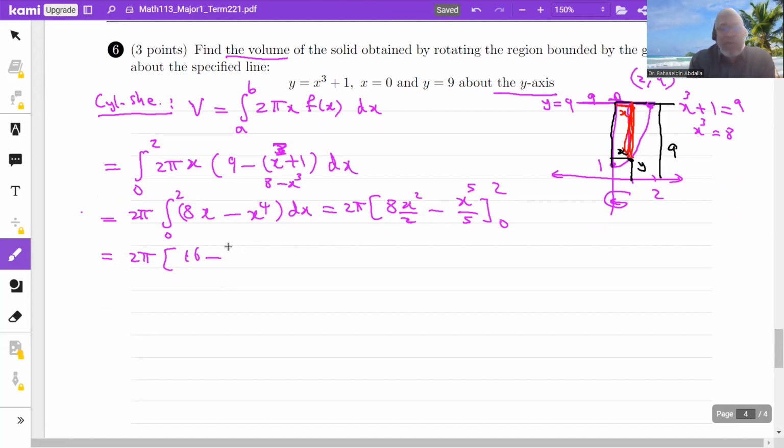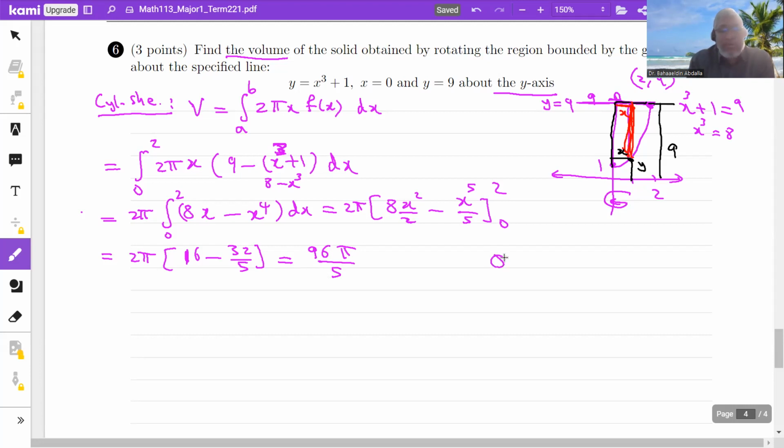And 2 to the power 5 is 32 over 5. And if you replace x by 0, you will get 0. So for the final answer, you can use the calculator to simplify this. You will find that the final answer is 96 pi over 5. So that's the answer, 96 pi over 5.